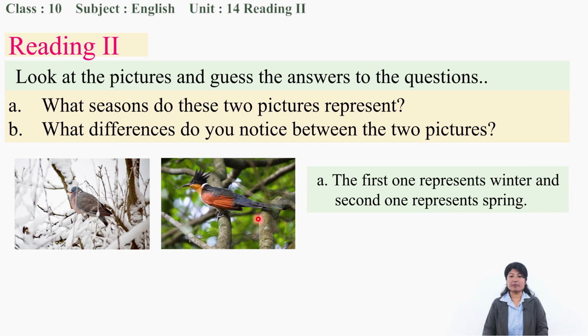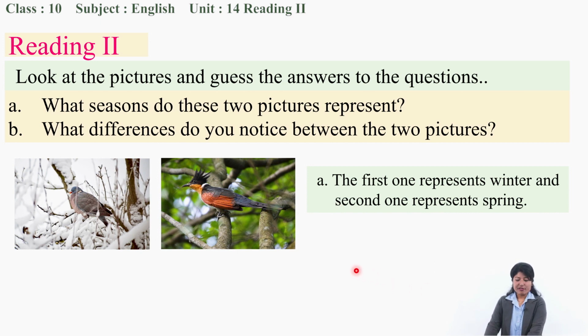As we can see, greenery over there, right? Greenery, and the bird is very active, colorful. The picture is colorful, so it must be the season spring. Okay, now B, what differences do you notice between the two pictures? Somehow we have answered while discussing the first one, right?